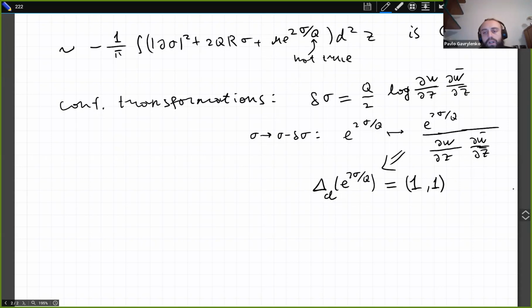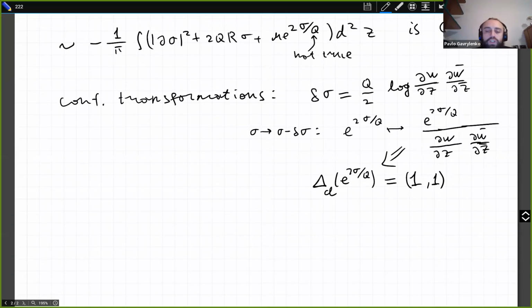But quantum corrections break this property. So we have the quantum delta of 2 sigma over q.